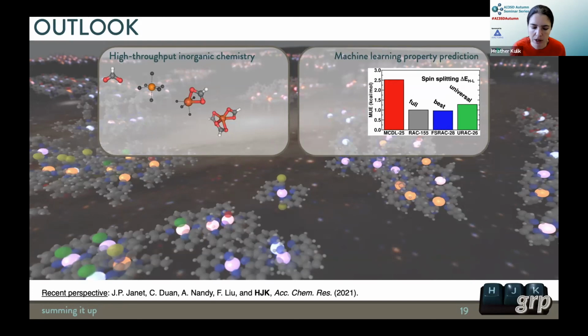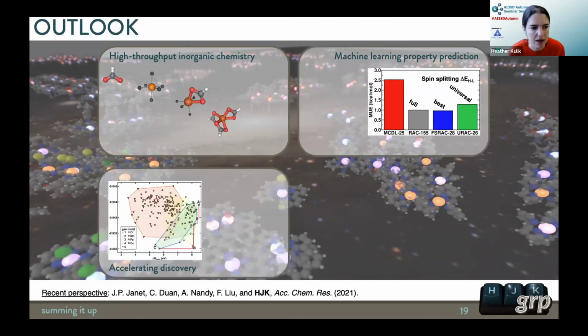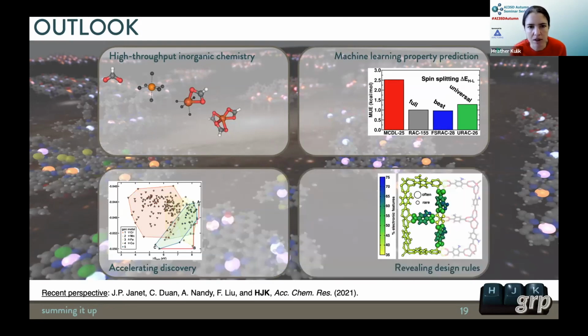So we can now replace doing these tedious DFT calculations with machine learning model predictions, but just faster and more accurate model predictions is not really enough. We're really interested in using these models to accelerate discovery of new materials and ultimately reveal design rules and principles, what matters most about a material, which atoms matter most where.